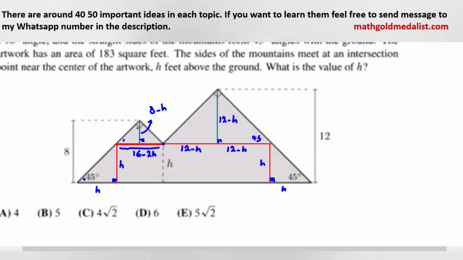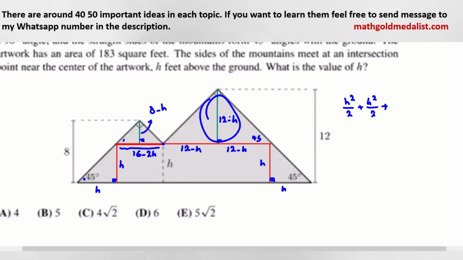Now I want to calculate the area of this one in terms of h, and the area is 183, then we can find h. So this area is h squared over 2. This one is h squared over 2.